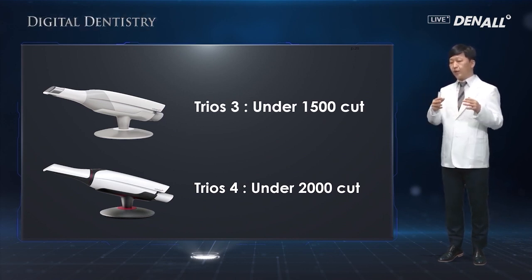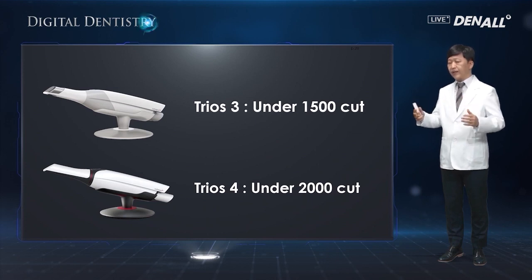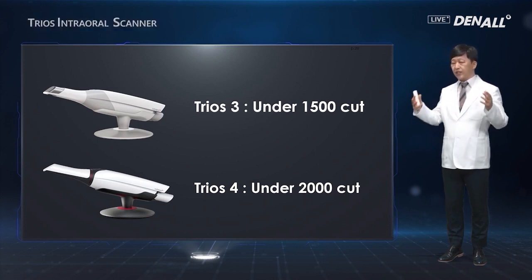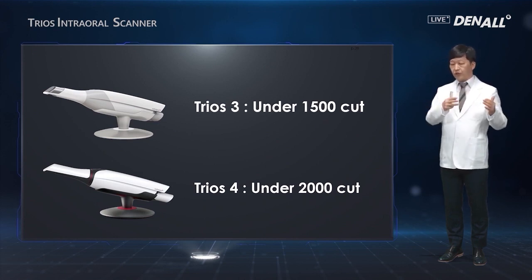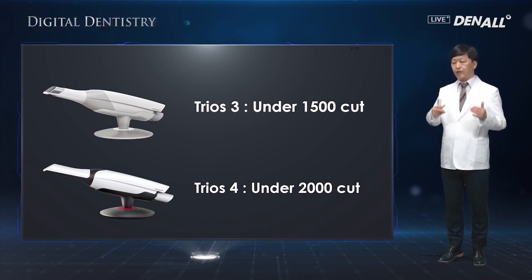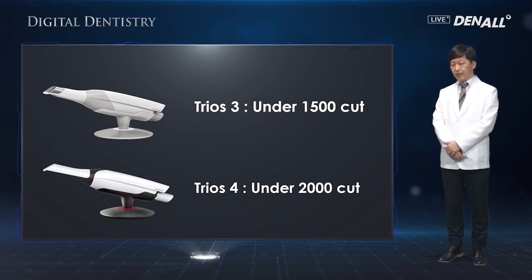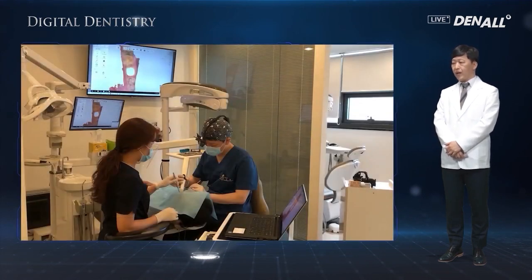Scanning is made, but the data is voluminous, taking a lot of time for rendering and giving burden to the computer. So Trios 4 is for cuts under 2000, and Trios 3 for cuts under 1500.